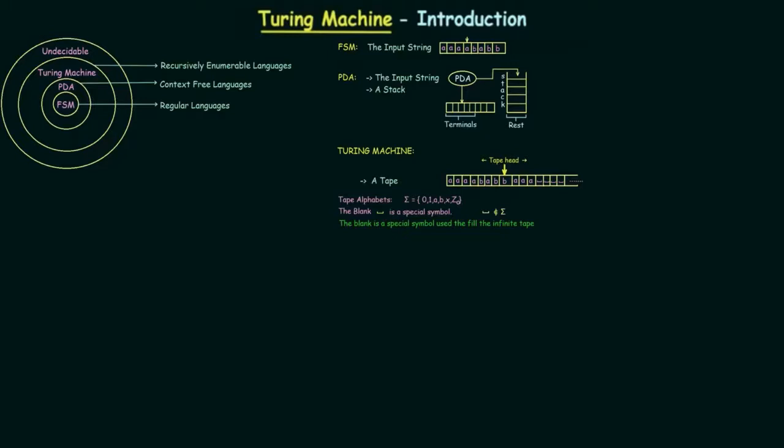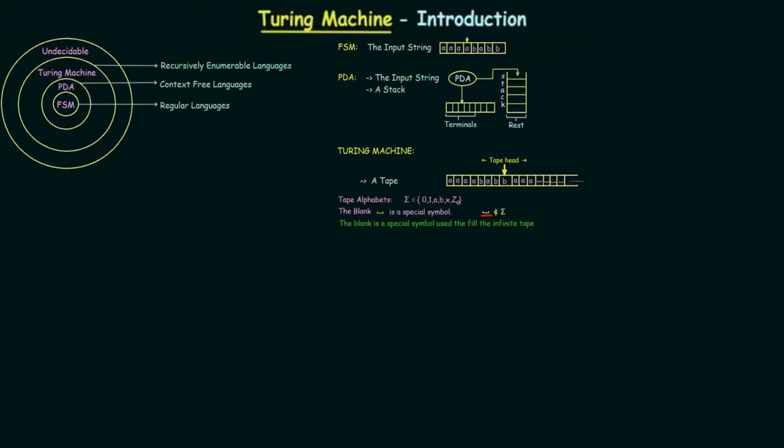So what is a blank symbol? The blank symbol is denoted using an icon that looks like the space bar on your keyboard. You have to remember that this blank symbol doesn't belong to the tape alphabets or the input string. It doesn't belong to sigma. Remember always that the blank symbol and the null or phi are not the same thing.